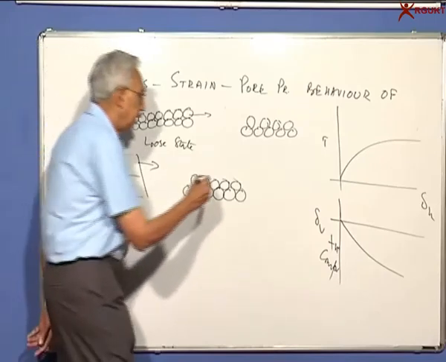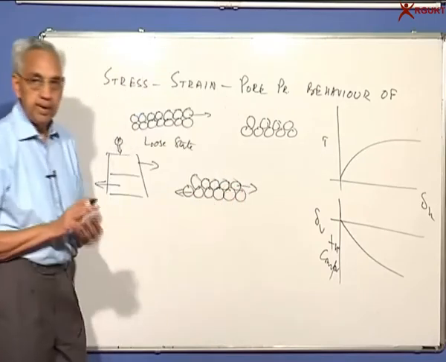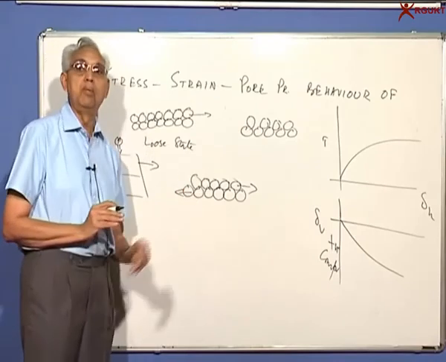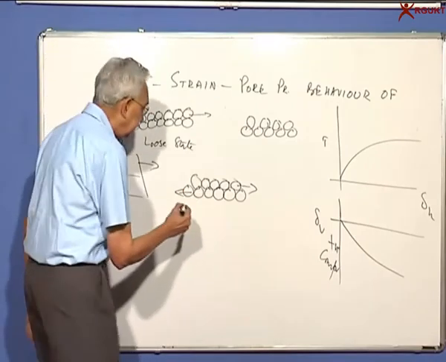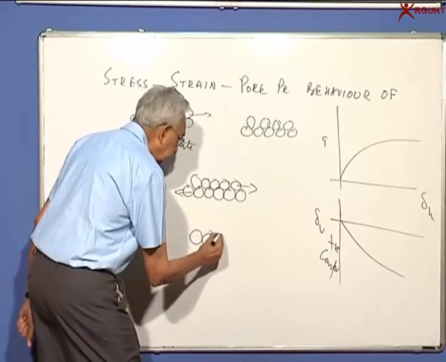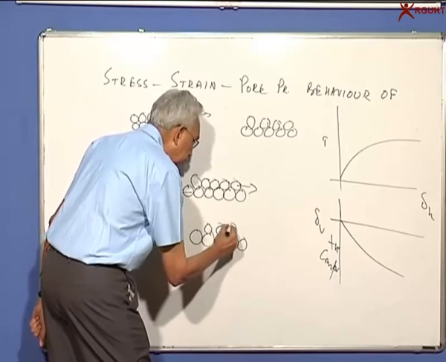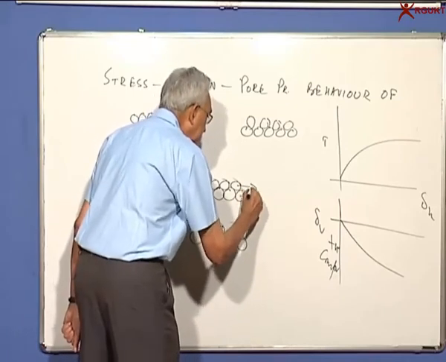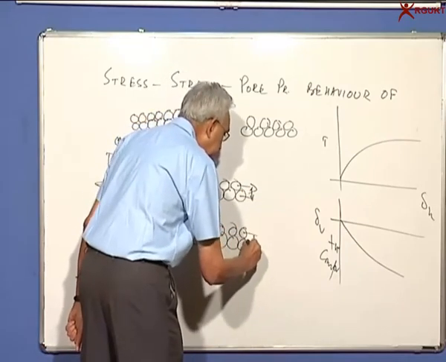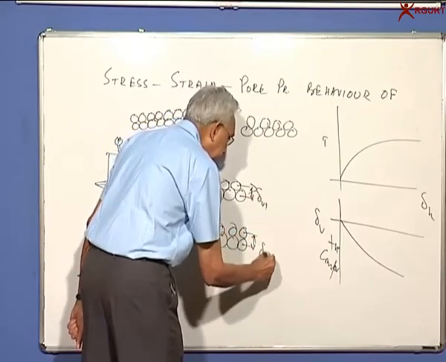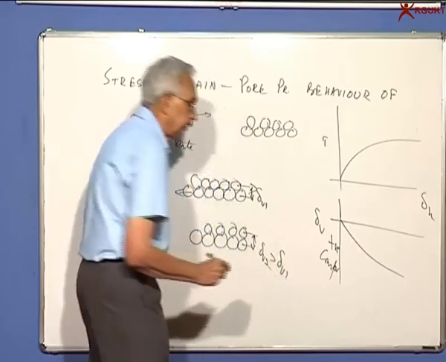If you now apply shear, the particles have to move, and they can move only when they climb over the lower one, which means in the final stage the particles will go higher up. So you will find that this gap between the lower layer, delta V1, delta V2, is greater than the initial state.